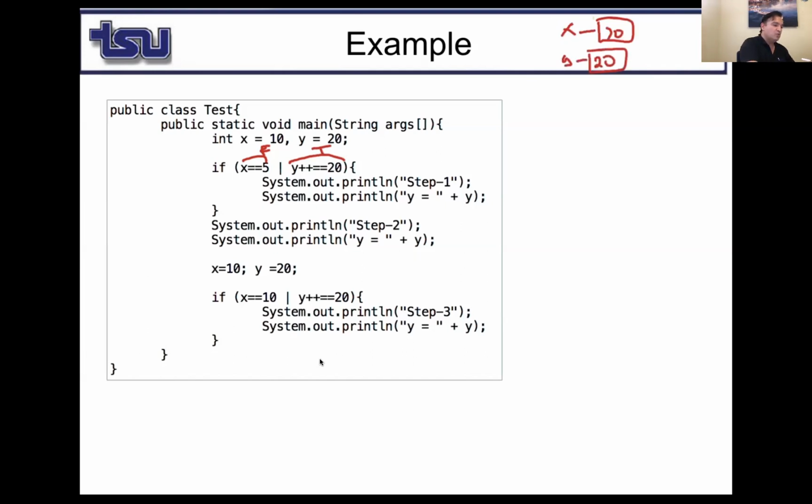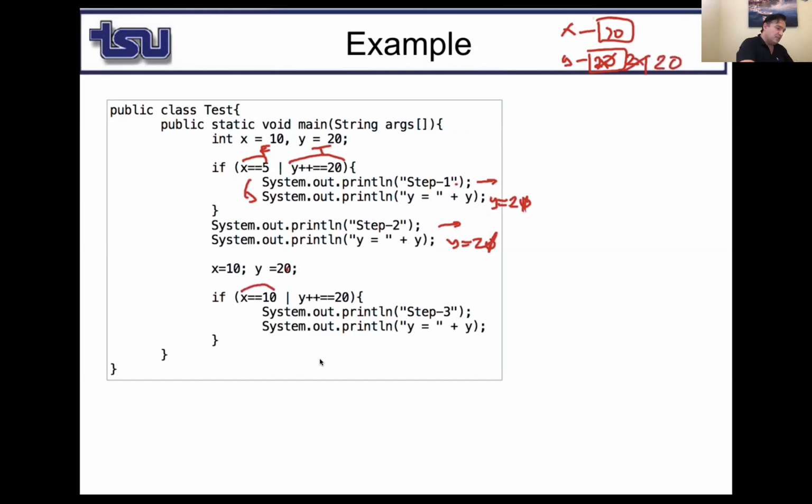So false or true is true. I go in, it says step 1, and y is equal to 20. Step 2, and y is equal to 20. And then, of course, here y is changed to 21, sorry, because I executed this. This is 21, this is 21. Now y is changed back to 20.